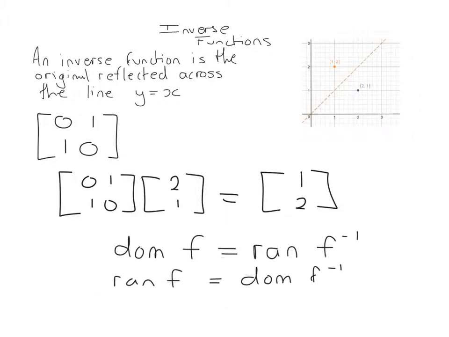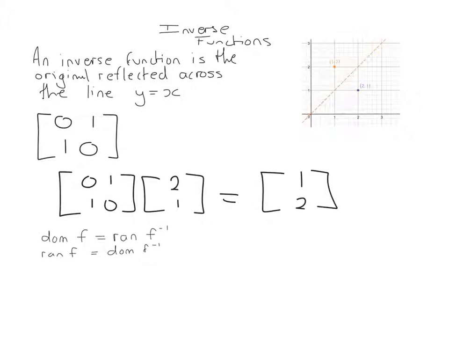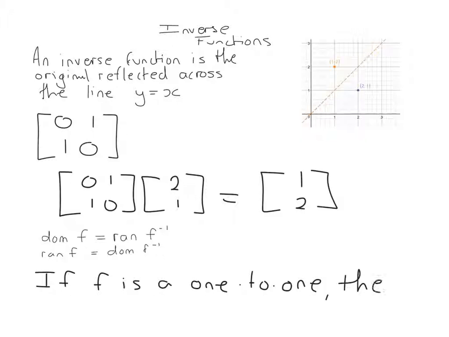Now, it's important to remember that notation, f to the -1, because when you start to see questions dealing with this, they won't actually say in words, find the inverse most of the time. They'll just use this notation and expect you to remember it. The other important piece of information is when we can find an inverse function, and it's using the information we learned in the previous set. If f is a 1 to 1, then an inverse is possible.